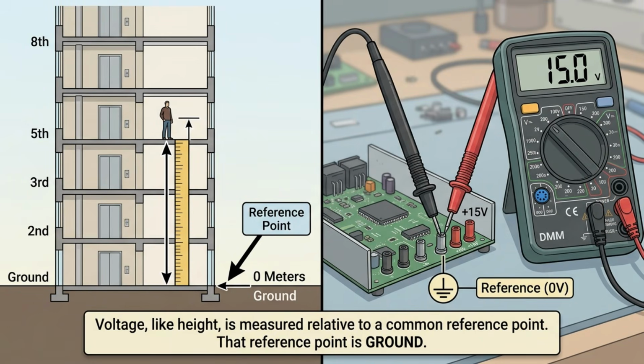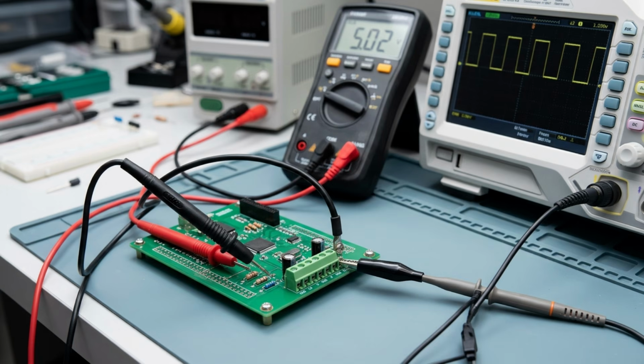Another analogy is measuring height inside a building. To know whether someone is on the 2nd floor or the 10th floor, you first need to define where the ground floor is. Ground provides that starting point for all voltage measurements. In practical electronics, ground is used as the reference node for nearly every voltage measurement.